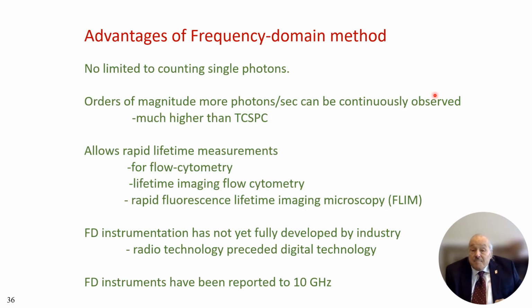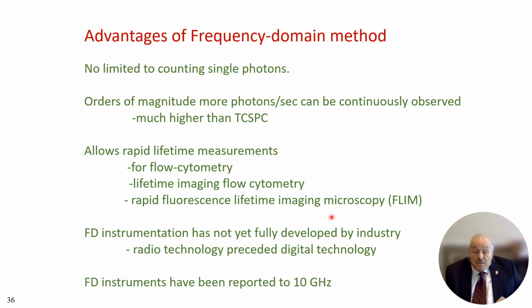So in summary, there are advantages to the frequency domain method. I think one advantage is that there's no limit to the number of counted photons, and this is what enabled the flow cytometry to be done. The flow cytometry lifetime measurements cannot practically be done with time-correlated single photon counting.